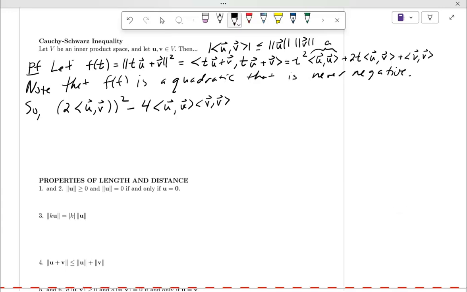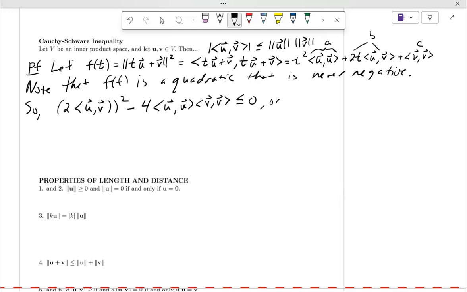Here's your a, there's your b, this is your c, right? And what has to be true about this expression? So yeah, less than or equal to 0, right? Let's rearrange.